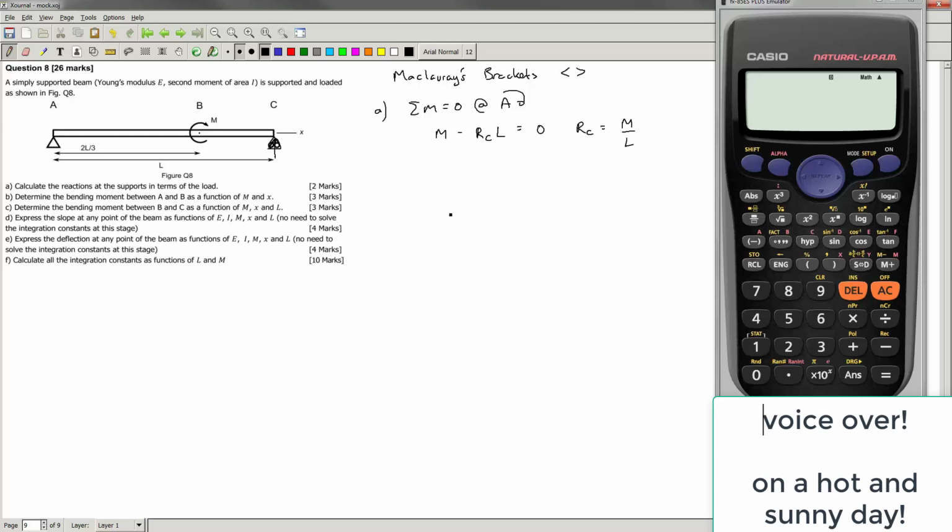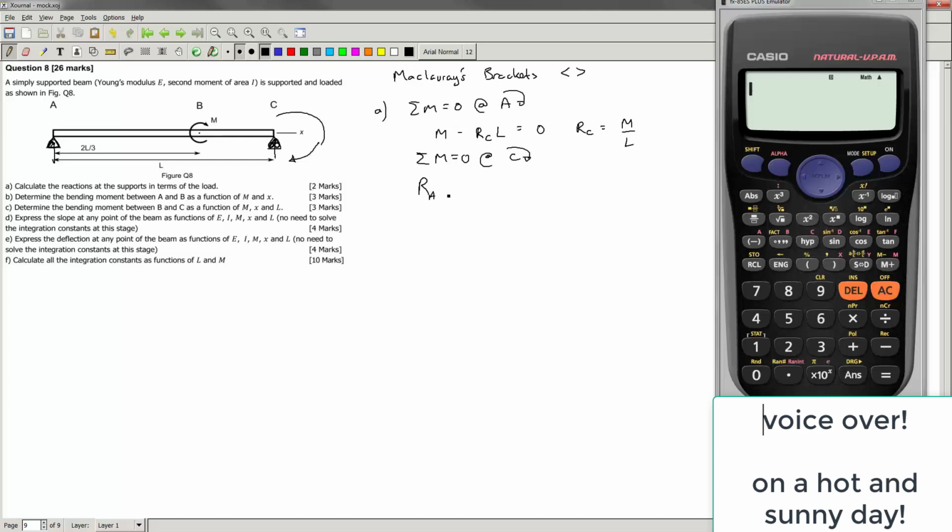The next thing I'll do is take moments at C, but I'll make sure that I go clockwise so that my M stays as a positive M. So I'll draw that on the diagram so that I know which way I'm going. And I can see, taking that clock face, that the A is going upwards, so the reaction RA will be a positive moment.